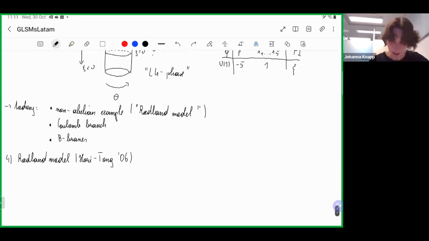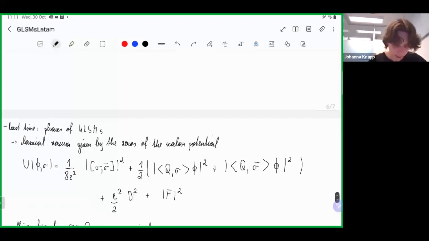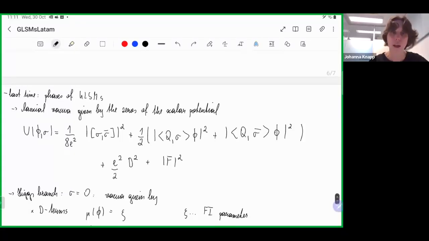And then after that, I will go back to the vacuum structure of the theory. And I will move away from the Higgs branch and look at solutions where these sigma fields are not equal to 0. And this will be called the Coulomb branch, and we will actually see, in order to make sense of the Coulomb branch, we also have to look into quantum corrections.